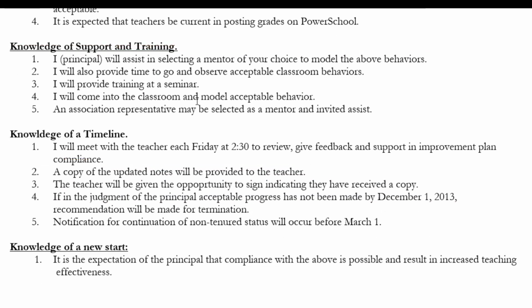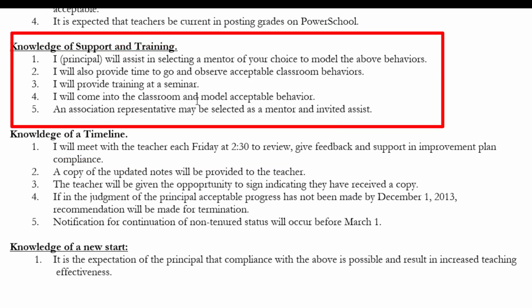Okay, knowledge of support and training. Well, Mr. Shirley didn't give me any kind of support. I was out there hanging all by myself, and so I never did get any help from him at all. No, you spell it out specifically what you did to support that teacher.